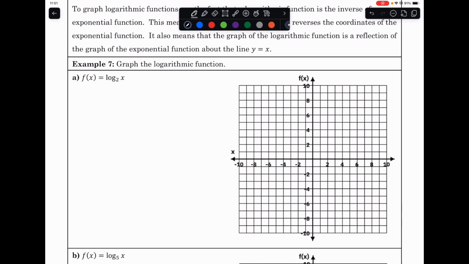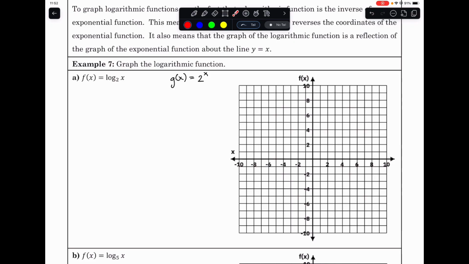So the inverse of log base 2 of x is the exponential function, we'll call it g, where the base is 2, raised to the power of x. So you see, the inverse of a log is an exponential with the exact same base, and vice versa.